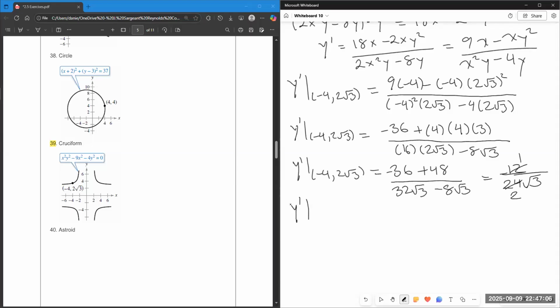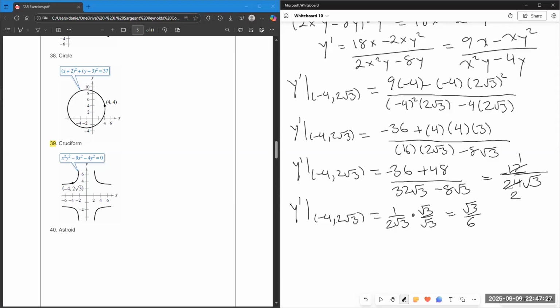So y prime at (-4, 2√3) is equal to 1 over 2√3, which I will rationalize here as √3 over 6 for my slope.